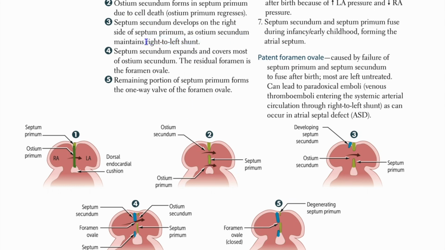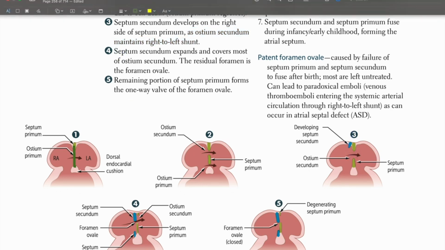So this is important. In the fetus there's right to left shunt because of the blood coming in, and there's too much resistance in the lungs, so it can't go through the pulmonary artery, so it goes through the ostium secundum. As ostium secundum maintains right to left shunt, now we have septum secundum forming.